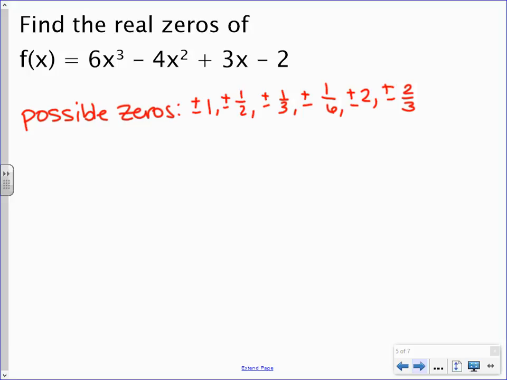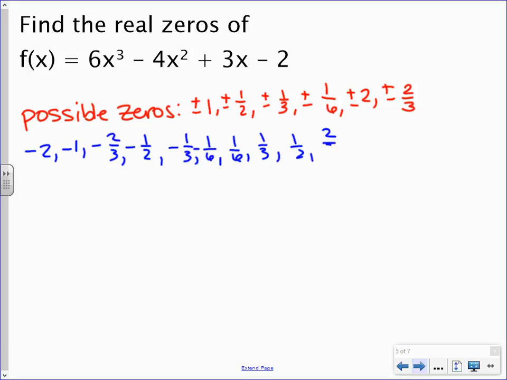Okay, for effect, I'm going to write these in order. Now, I wouldn't expect you to write them out like this on your paper. I'm going to so we can see how these upper and lower bounds work, okay?